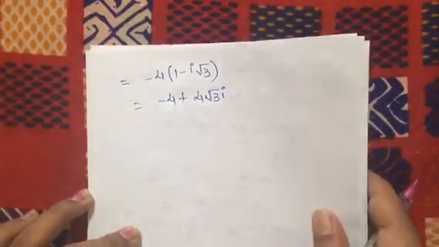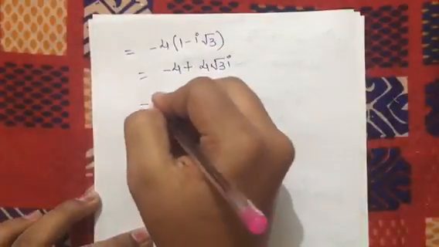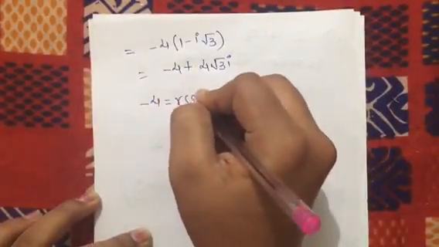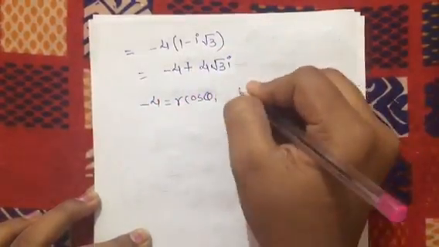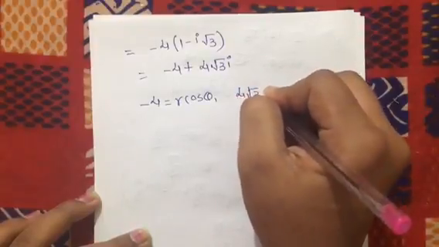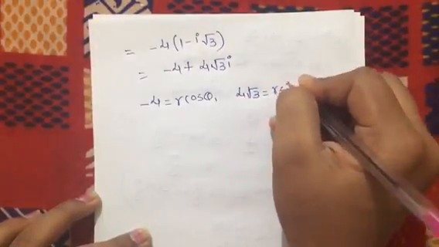Okay, so -4 is equal to r cos theta and 4 root 3 is equal to r sin theta.